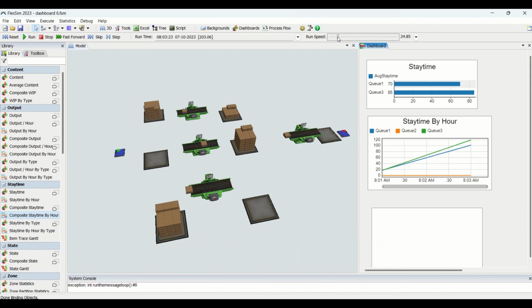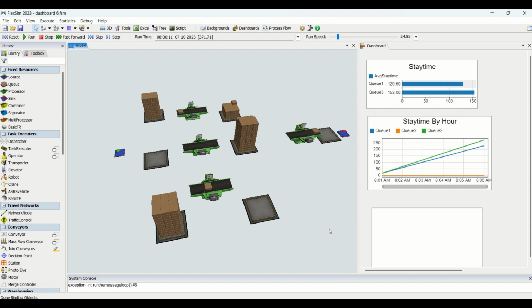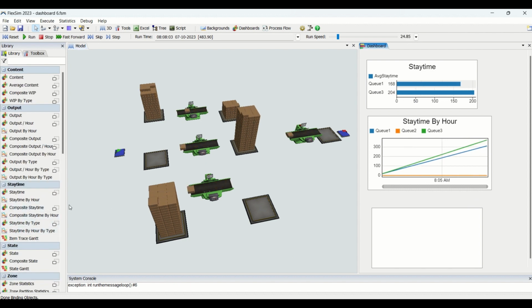So we are not going to get these 3 different graphs. We are going to get only one graph which is going to tell us what the average buffer is in them. So this is all about the stay time graphs, composite stay time and composite stay time by hour.